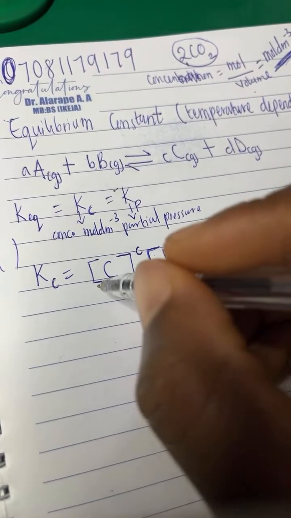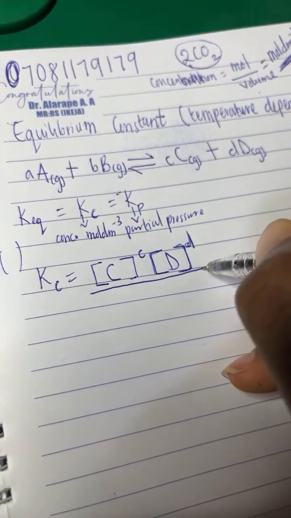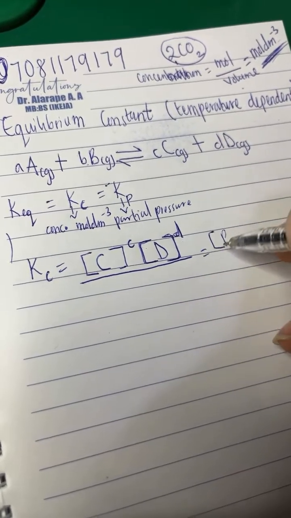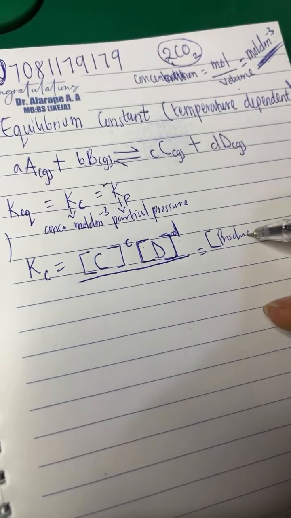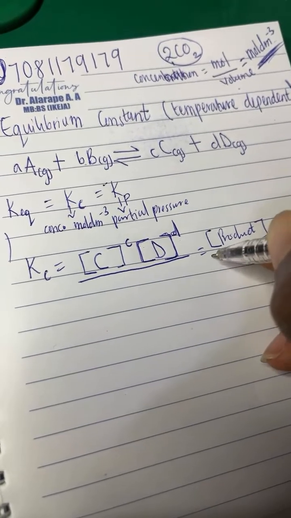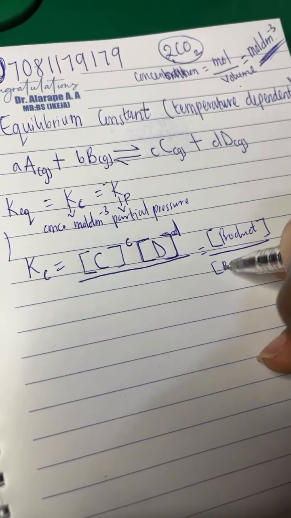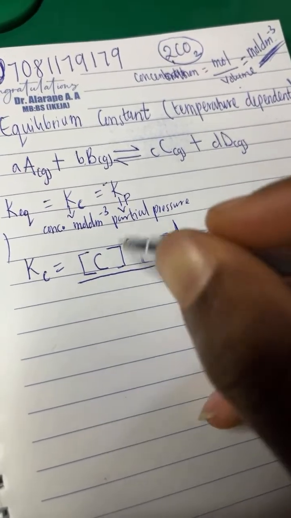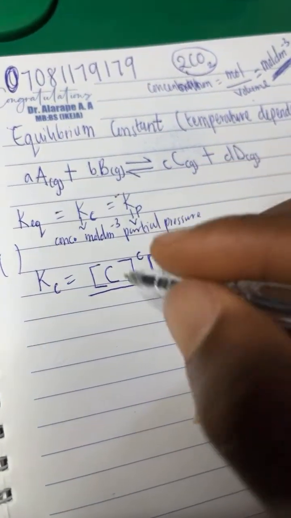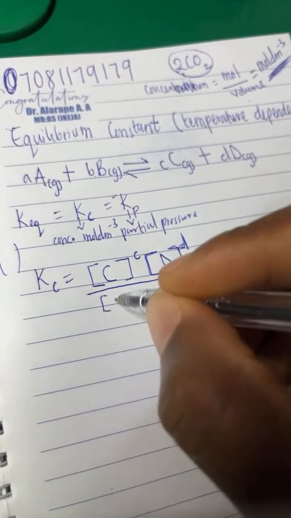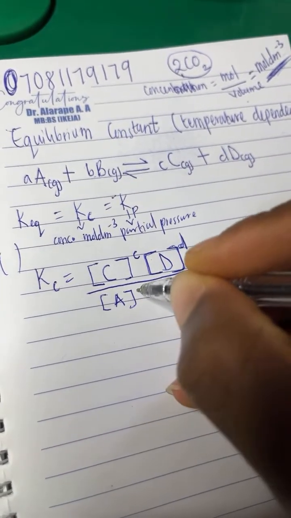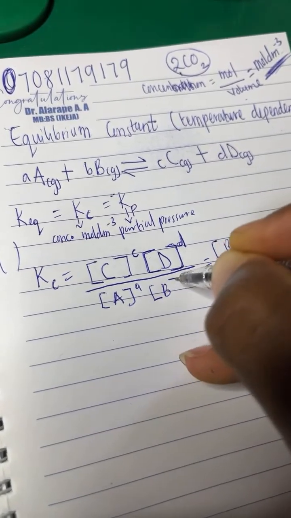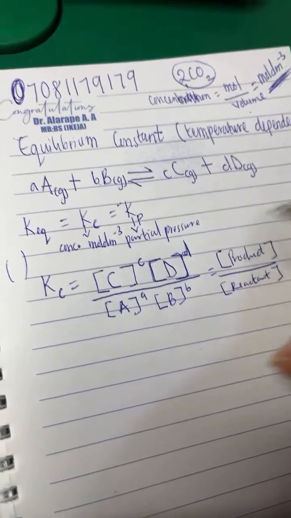Over, remember that it's products over reactants. That's the concentration of products in moles per dm cube over the concentration of reactants in moles per dm cube. Our reactants here are A and B, so you have A raised to the power of small a, then B raised to the power of small b.